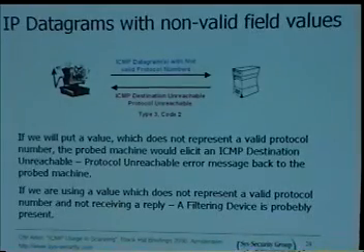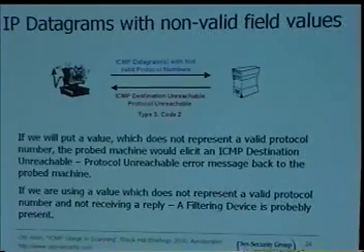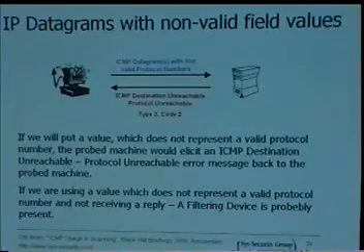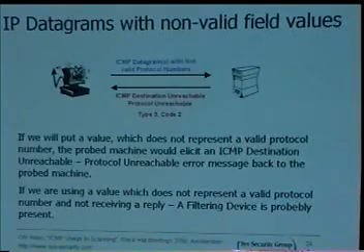One of the examples I'm giving here with the non-valid field values is using a protocol number that is unused on that machine. I can get all those protocol numbers from IANA, from that organization, and decide that I'm going to use one of those values which is definitely not being used.